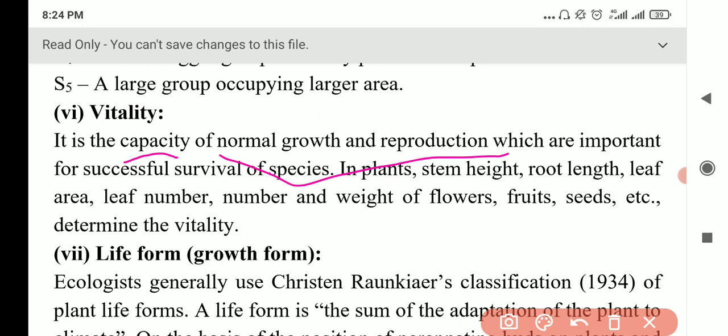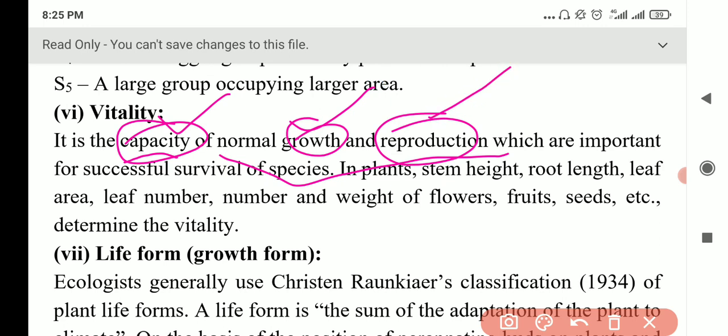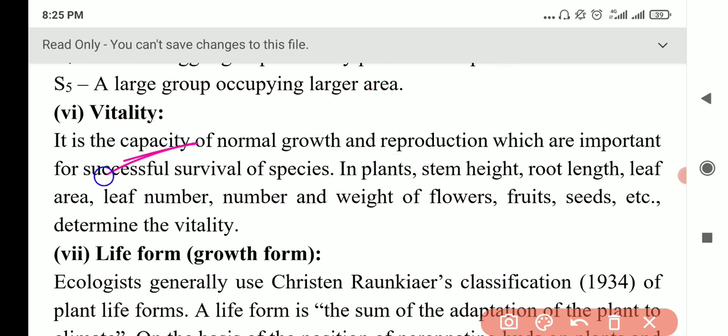They are so vital, so vigorous, so strong in growth and reproduction. It's a very funny or embarrassing example, but it's a good way of remembering. So the words capacity for growth and reproduction are the 3 key words when you define vitality.